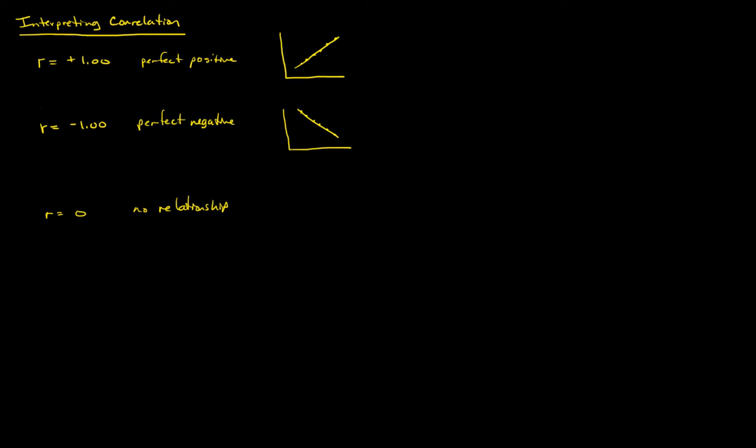In other words, an old axiom here, correlation does not equal causation. All correlation is doing is saying that two variables, a variable x and a variable y, for a particular set of individuals, are related to one another.